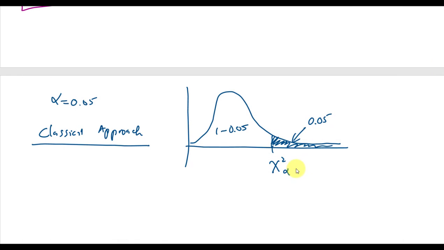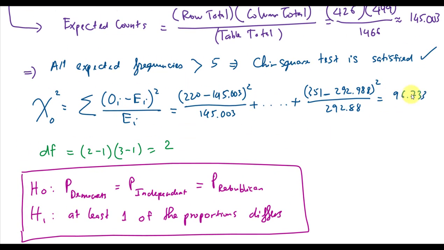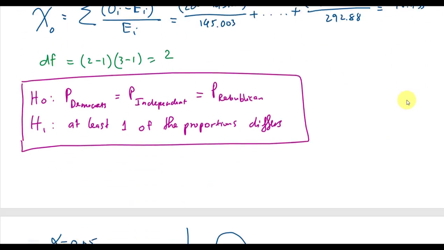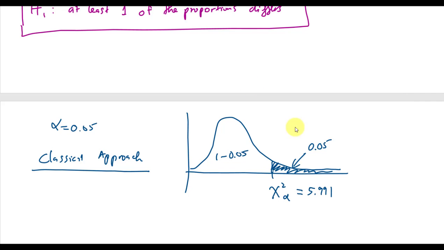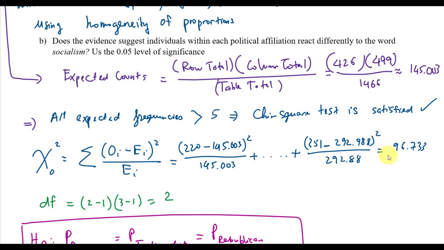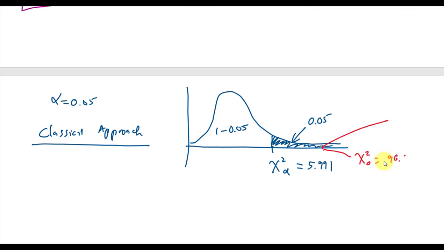So this value right here is 5.991, and your test statistic is 96.733. This is 5.991, and 96 is all the way out here. So 96.733 is way after 5.991, and this is the test statistic.